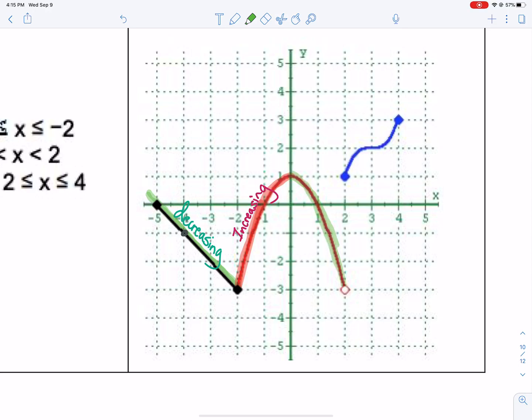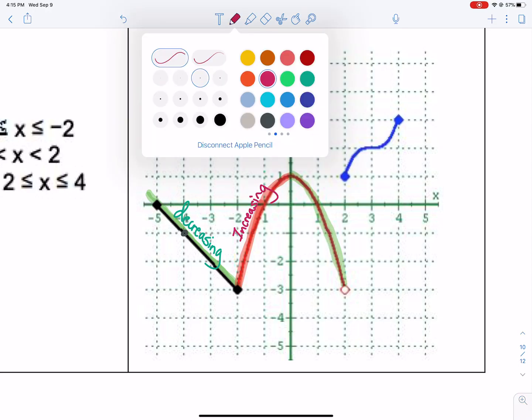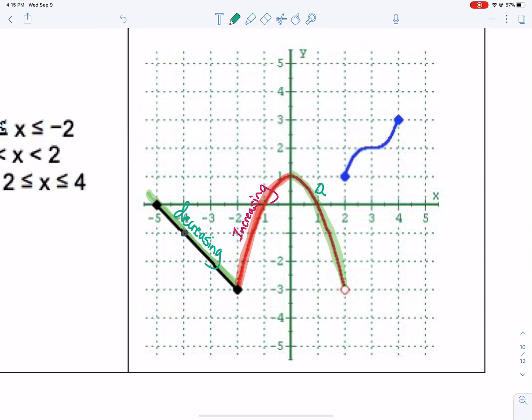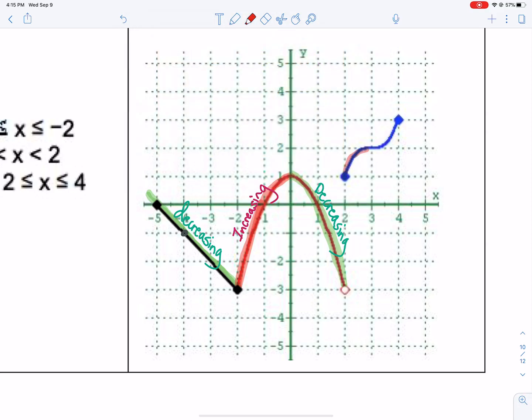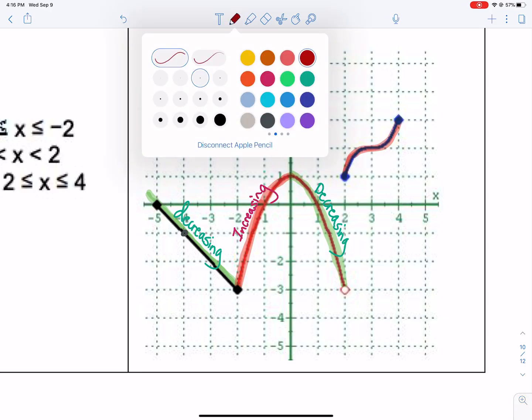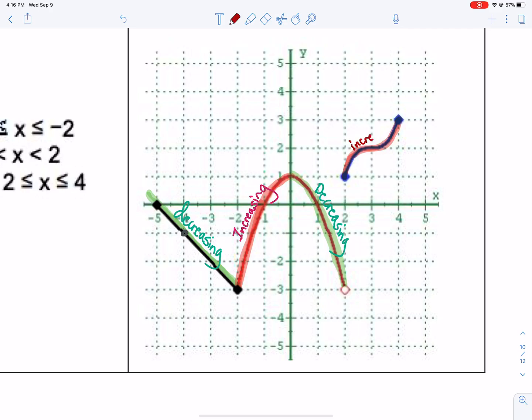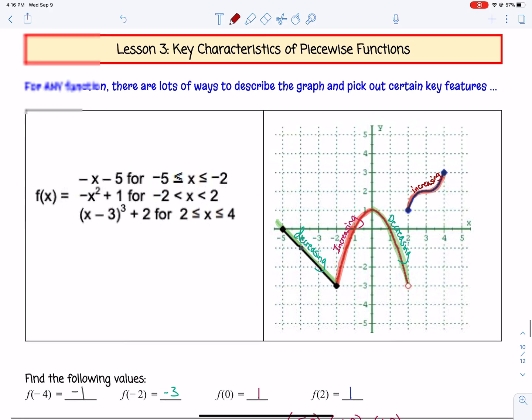So I'm going to put that in green and write that down. So it's decreasing again. And then on the blue graph, it looks like it's increasing even though it curves. It's continually increasing over there. So I'm going to write increasing over there. So we have a visual of what's happening.